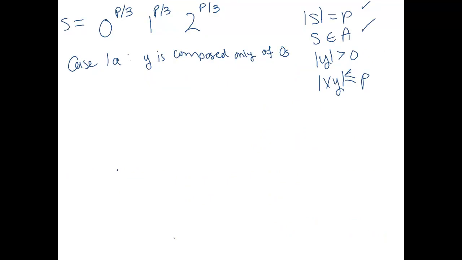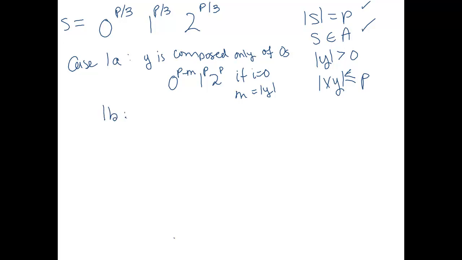However, in this case, our pump string is going to end up being 0 to the p minus m, 1 to the p, 2 to the p, if i equals 0, and m is the length of y. Okay, we've already proved this. All right, so you can look back and see how we did that, but this is the resulting string that we're going to get. Okay, I'm going to call the next case 1b.